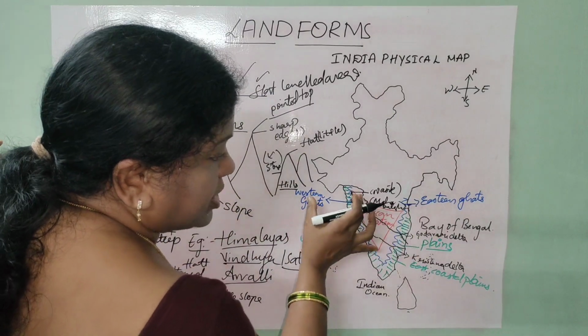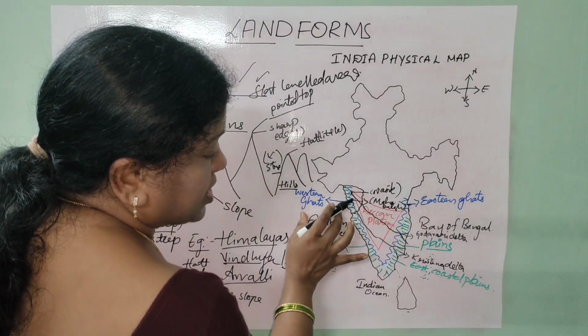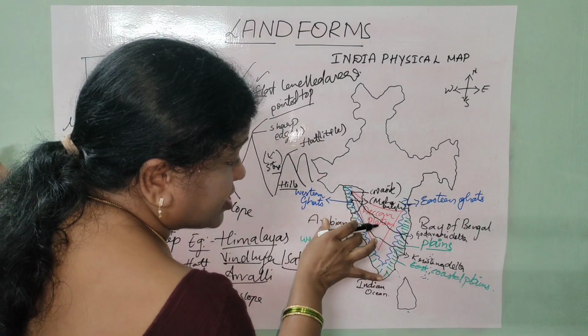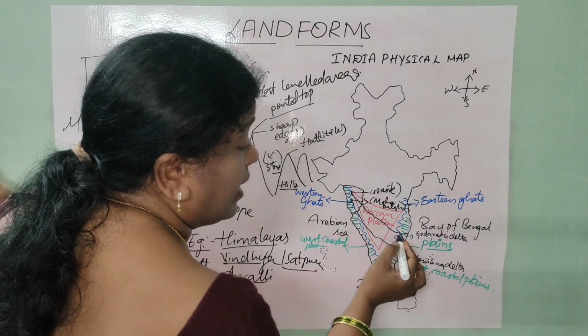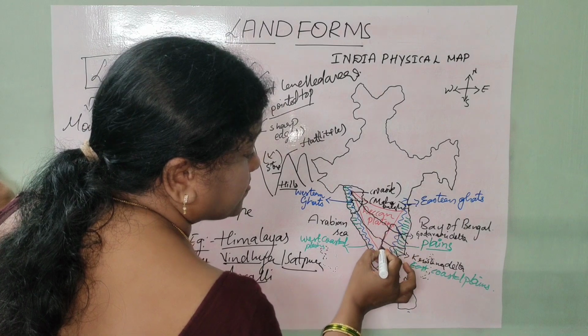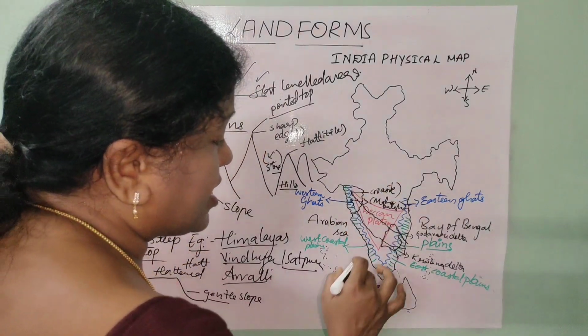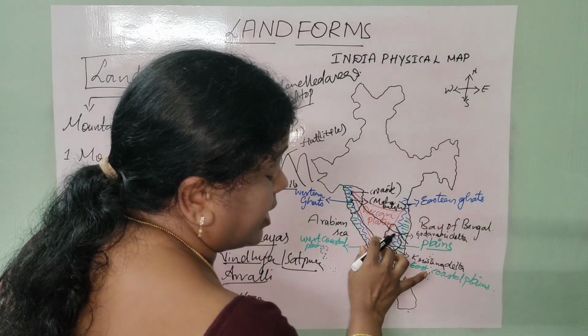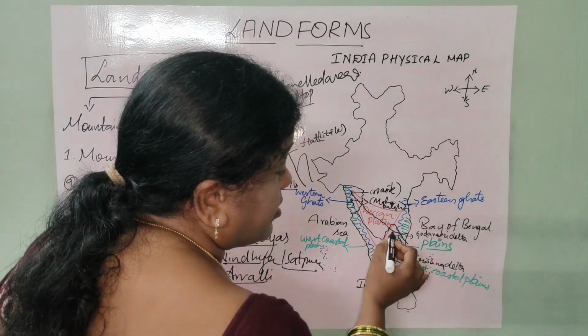The birthplaces of these two rivers are in the Western Ghats. They move through the Deccan Plateau and enter the Telangana state. When you consider Telangana state, these are the two main rivers entering it.